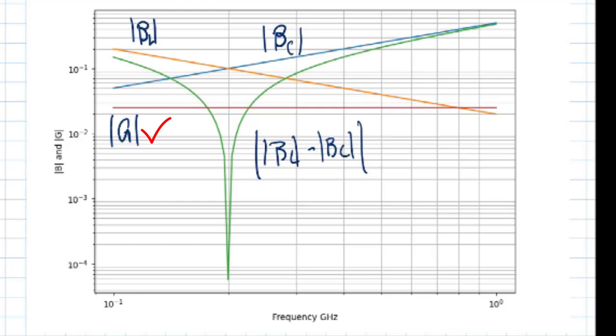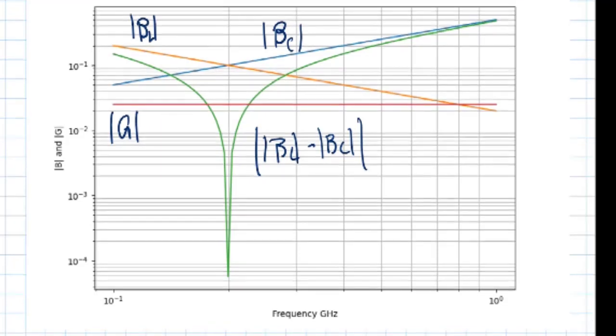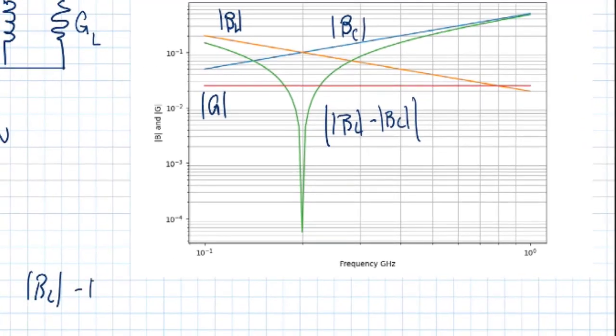So that combination, the absolute value of it, is going to be equal to the magnitude of the conductance. And where that happens on this graph, from the lower frequency where they intersect to the upper frequency where they intersect, that spread is the bandwidth, the 3 dB bandwidth of this resonant circuit.